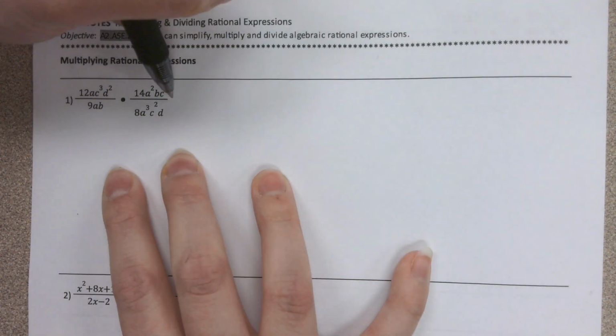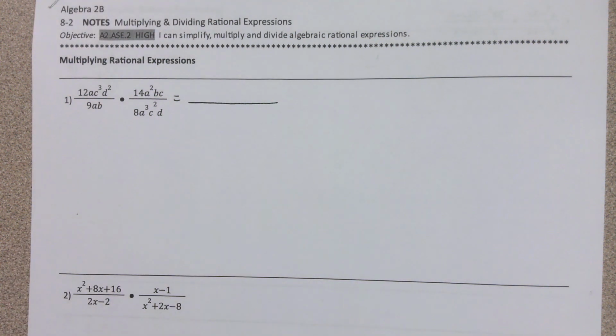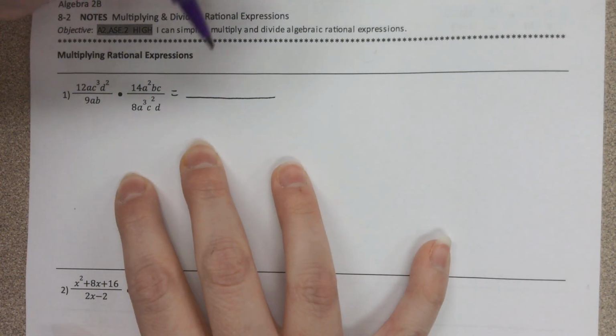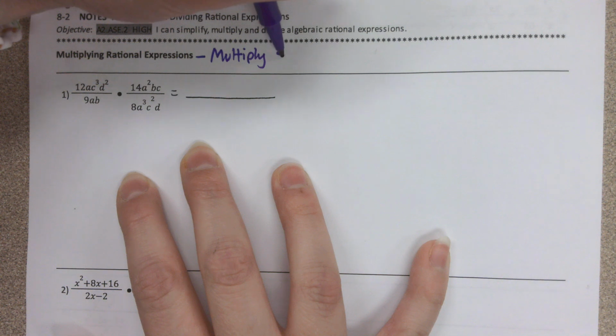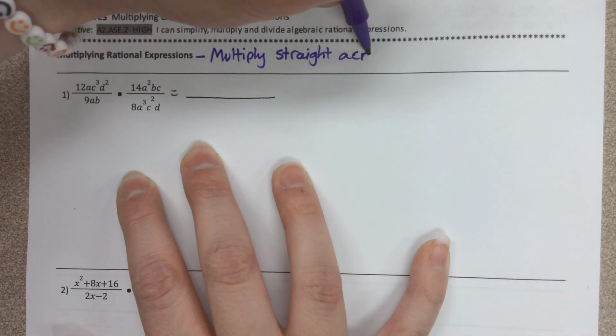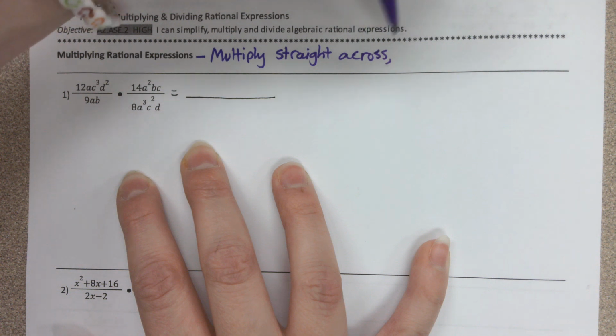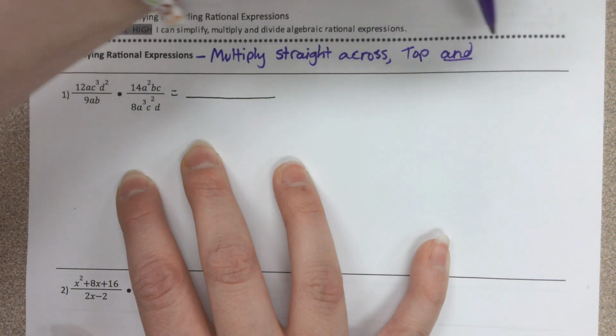As I said, the first thing we'll do is just multiply. And reminder, the rule for multiplying fractions: you multiply straight across, top and bottom.